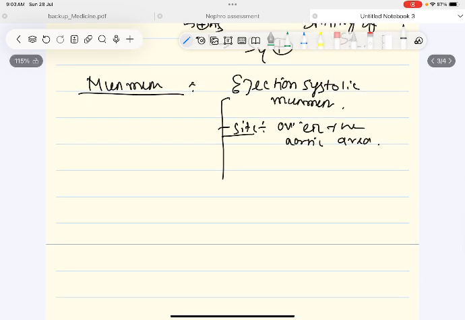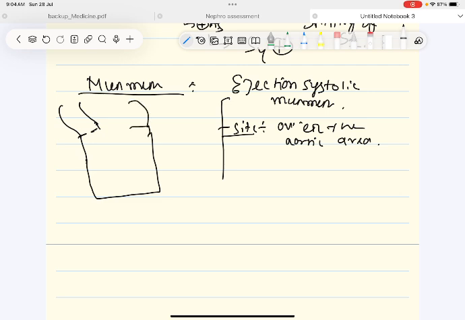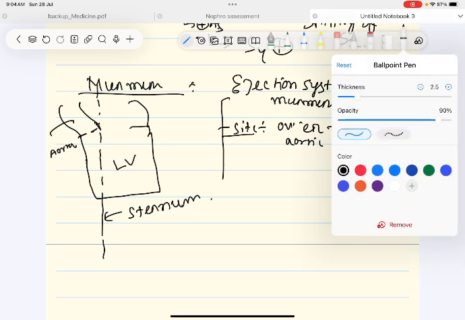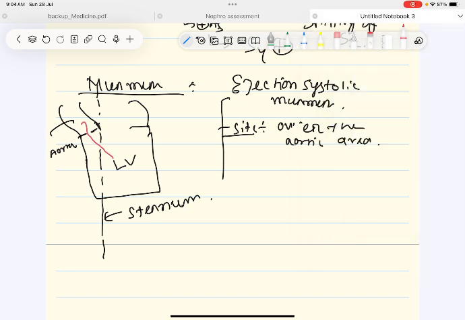See the diagram: this is the aorta, this is the valve, this is the left ventricle, this is the sternum. So when blood ejects through the stenosed aortic valve, a murmur is present.